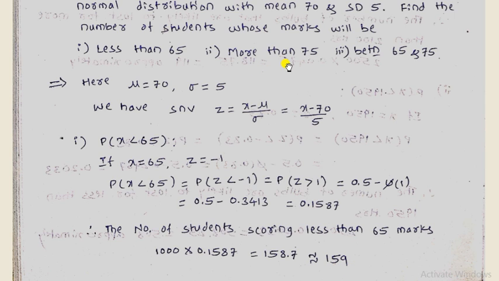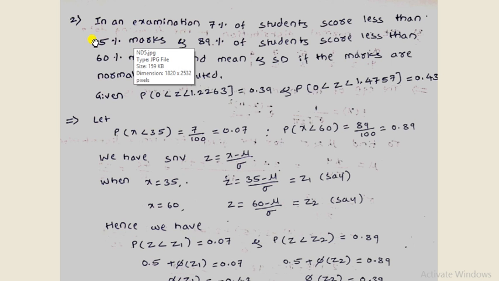Second one is more than 75. Third example: in an examination, 7% of students score less than 35% marks and 89% of the students score less than 60% marks. Then find the mean and standard deviation.